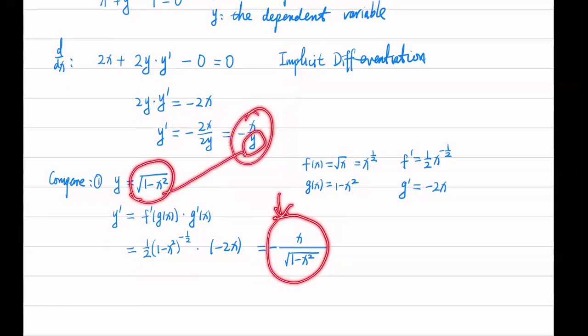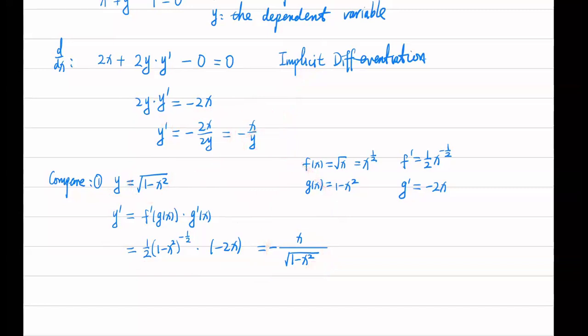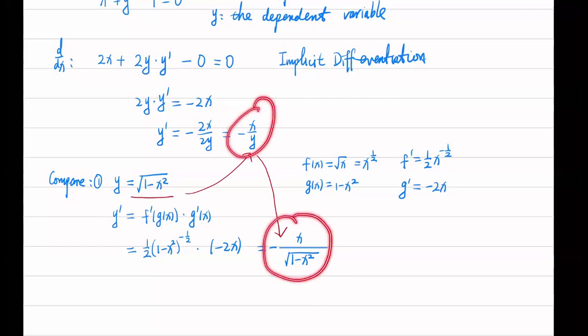They are the same. So if we plug this, using a different color, into the formula, then we will get this. So implicit differentiation and explicit differentiation give us the same derivative.